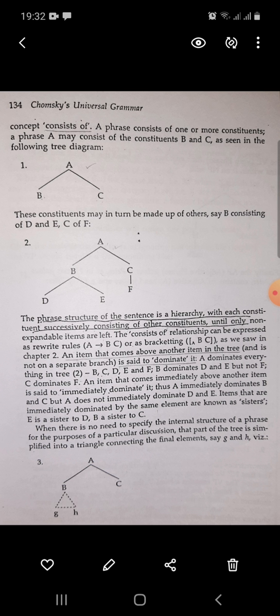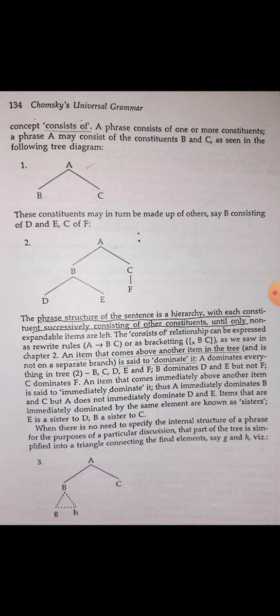In the same way, the definition of a phoneme is the smallest unit of speech sound. So in the same way, phrase structures are also having some hierarchy, in which the most basic level is non-expandable items.